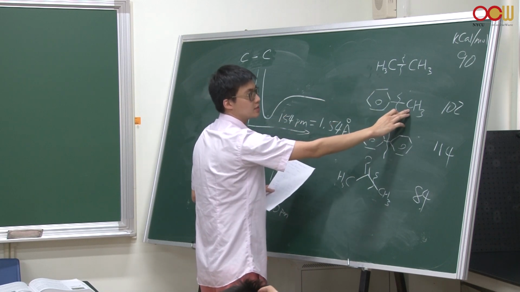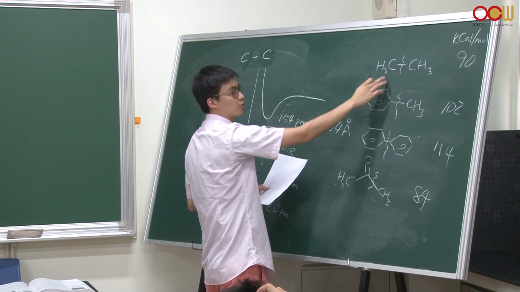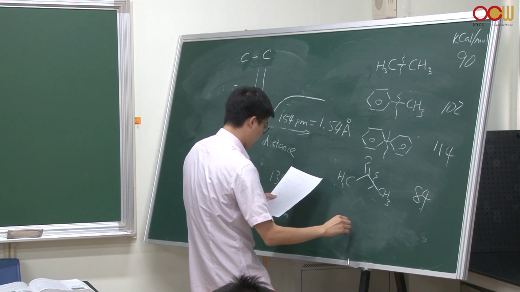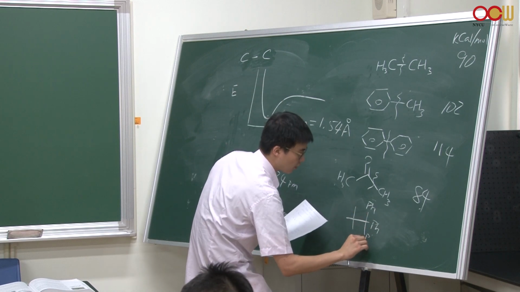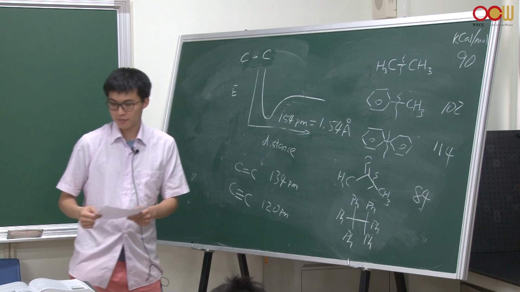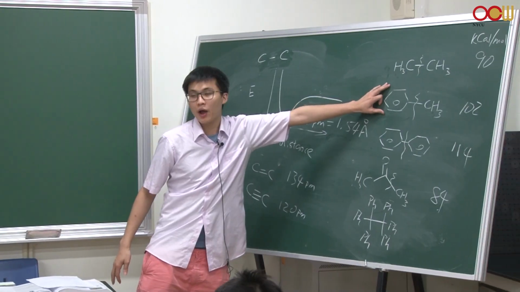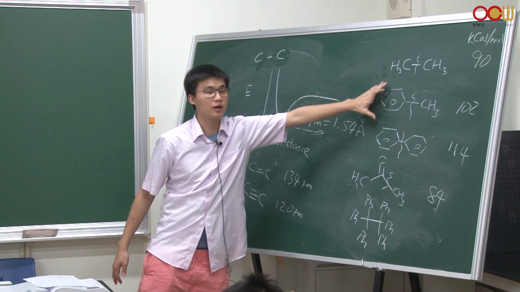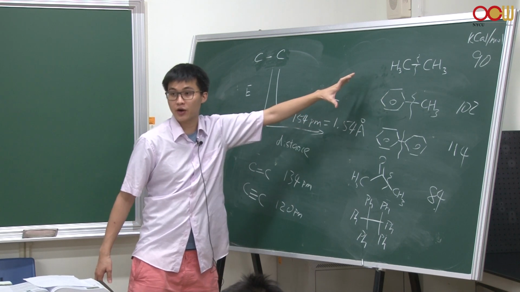You can think of this carbon as this carbon, but you're replacing hydrogen with a benzene ring, where we have hexaphenylethane. The way I drew it, the benzene ring is much smaller, about the same size as methane, but in reality, it's much bigger.